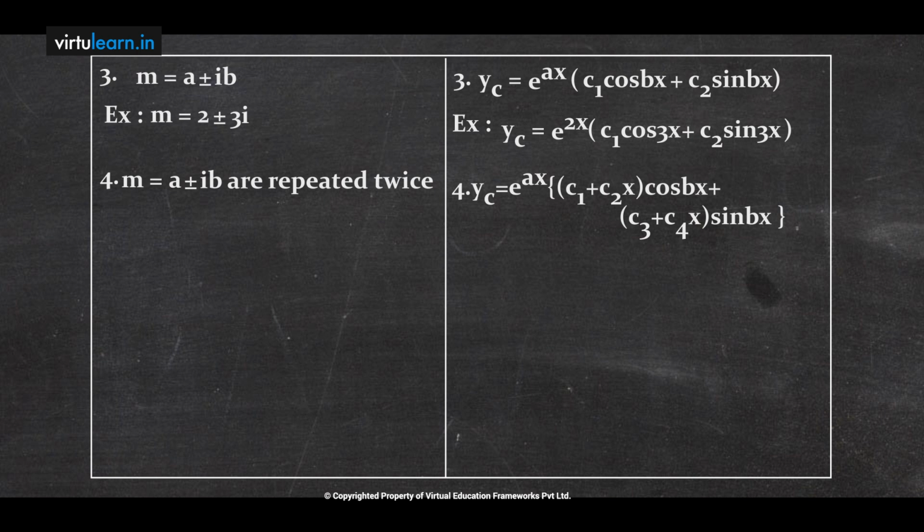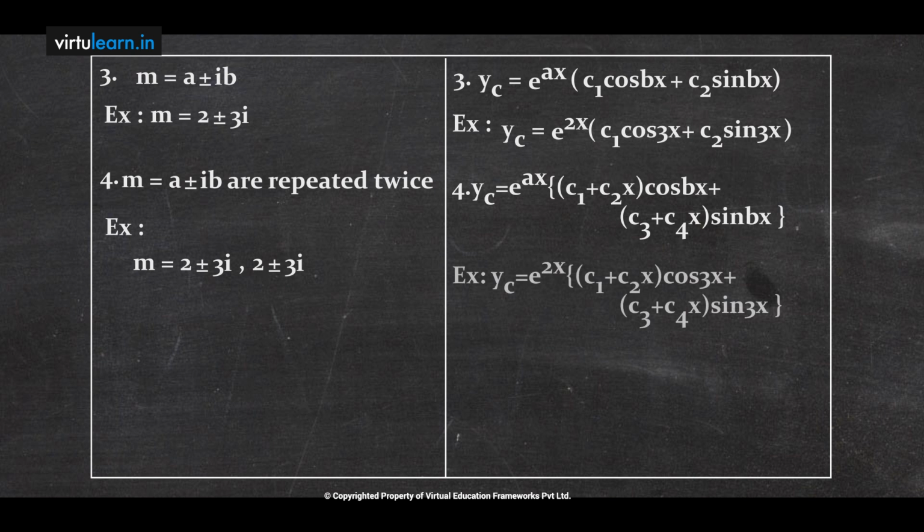For example, m equal to 2 plus or minus 3i, repeating 2 times. The answer is yc equals e power 2x into, open bracket, c1 plus c2x into cos 3x plus c3 plus c4x into sin 3x. This is the fourth complementary function.